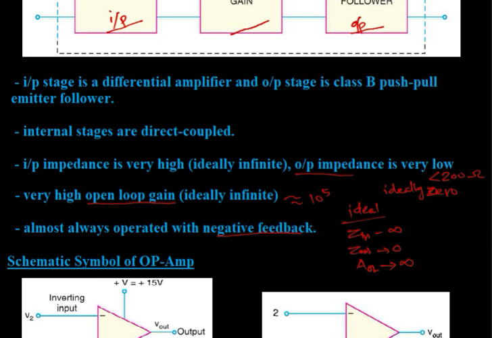Another quantity which is of great importance in the case of an operational amplifier is the CMRR, which is called the common mode rejection ratio. It is also very high, usually greater than 90 decibels. The common mode rejection ratio is the ratio of the gain of the differential mode to the gain of the common mode.